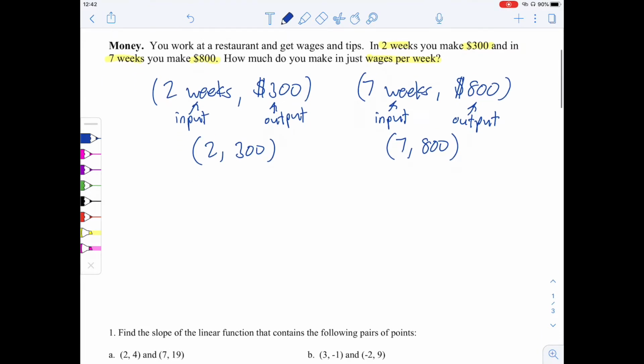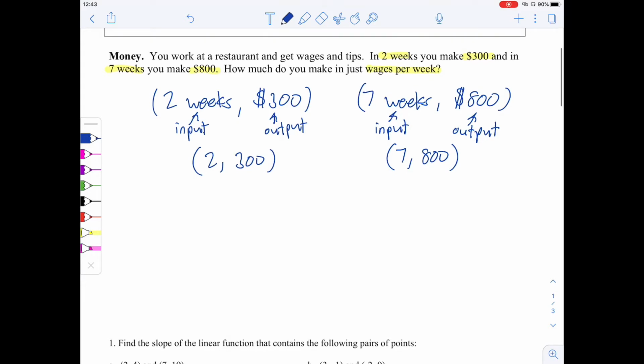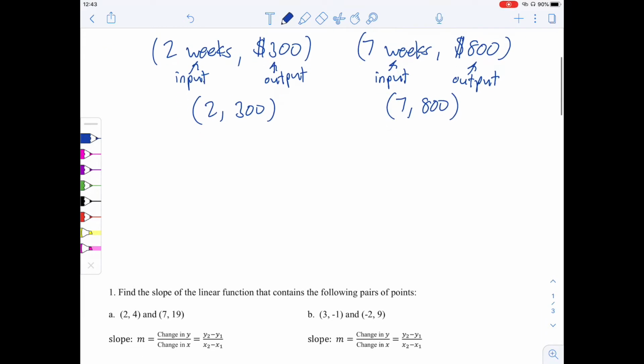So we want to find out how much you make in wages per week. How do we figure that out? Slope is given by change in y over change in x. So our slope, or our rate of change, is given by change in y over change in x.